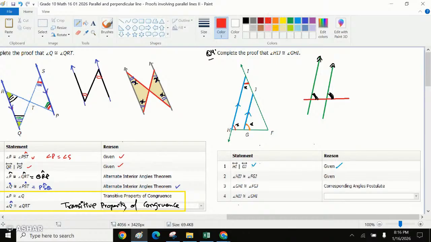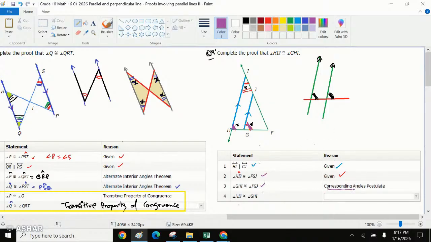Whereas HIJ, this angle, FGJ, F, G, and J. We just saw that, right? That these two angles would be the same. It's given to us. The next one is GHI. This angle given to us would be a corresponding angle to FGJ, right? These are corresponding angles. Agreed on this.